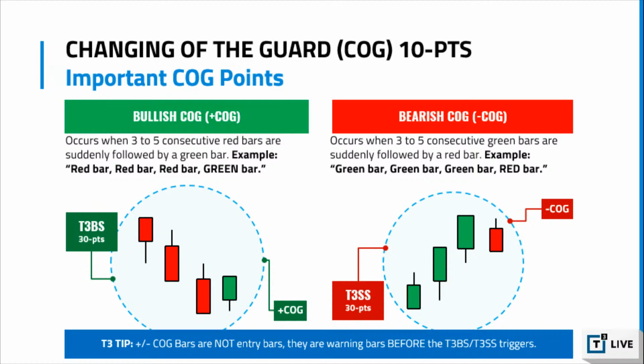Do you understand what I'm saying? What I'm saying is the COG bar is the green bar that forms after three or more red bars without triggering the setup. It's not an entry bar. The COG bar is not an entry bar. It's a warning bar before the setup triggers.